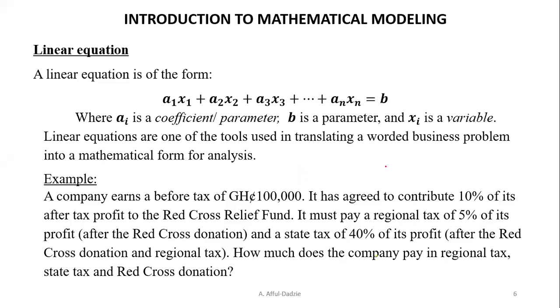It has agreed to contribute 10% of its after tax to the Red Cross Relief Fund. It must pay a regional tax of 5% of its profits after the Red Cross donation, and a state tax of 40% of its profits after the Red Cross donation and regional tax. How much does the company have to pay in regional tax, state tax, and Red Cross donation?